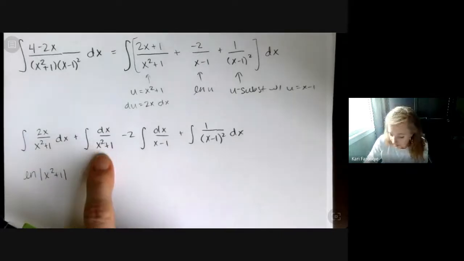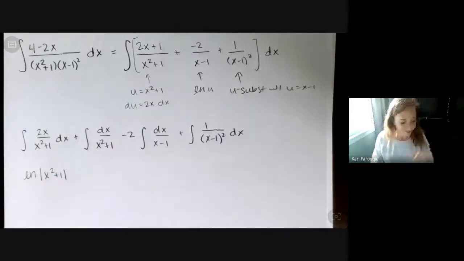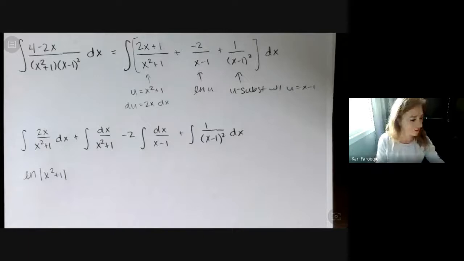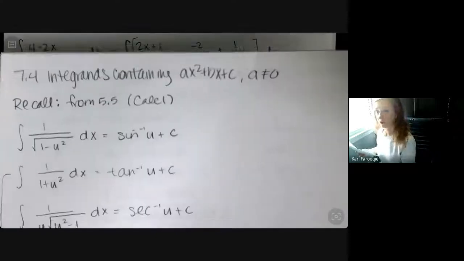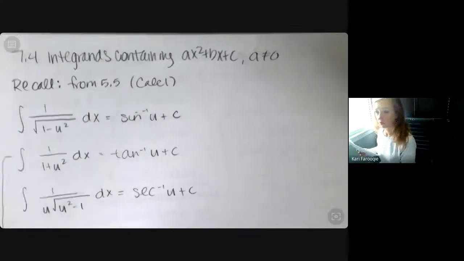All right, this integral, if you don't recognize it, where is it? I was going to go back and show you because we talked about it recently. Oh, yes, here we go. I brought it up at the beginning of 7.4, integrands containing ax squared plus bx plus c.